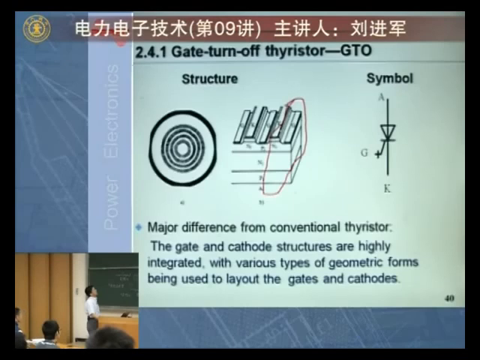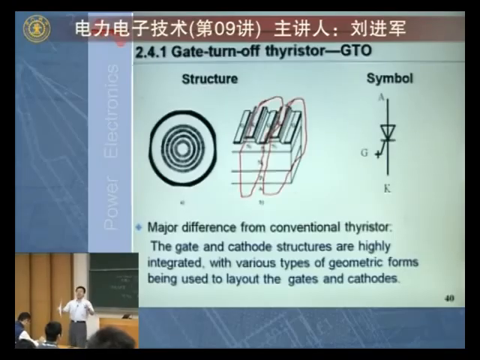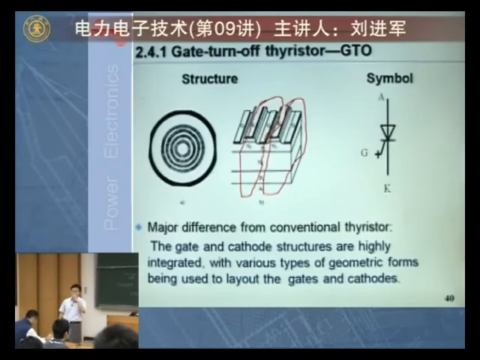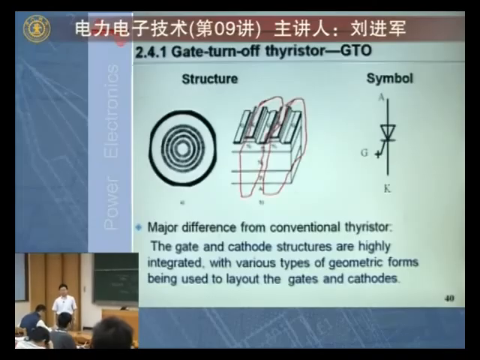You have a gate, G means gate, cathode, and anode. And you can consider this as a second cell. Many cells, many small cells of small GTOs.